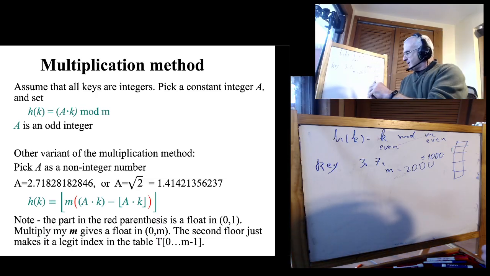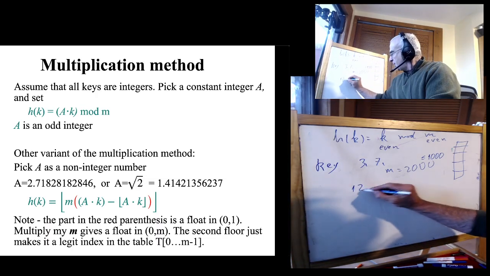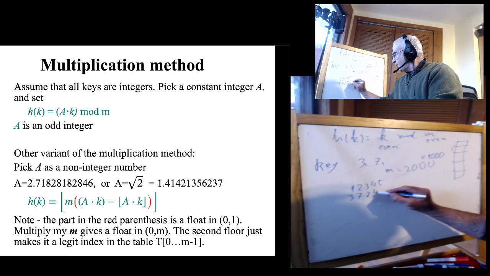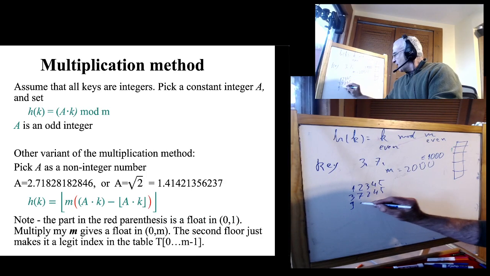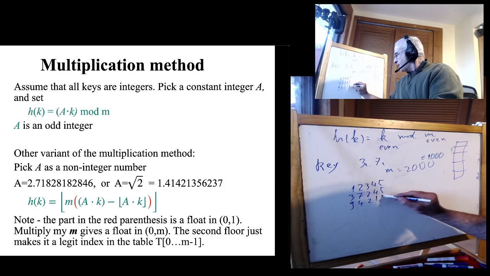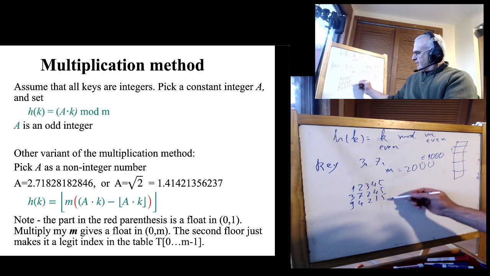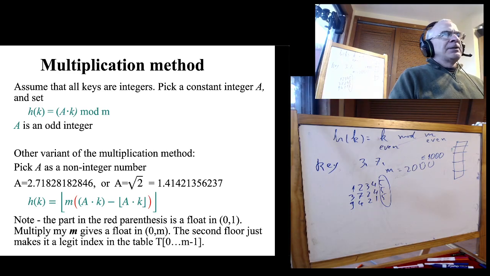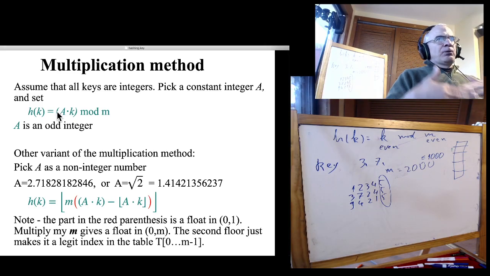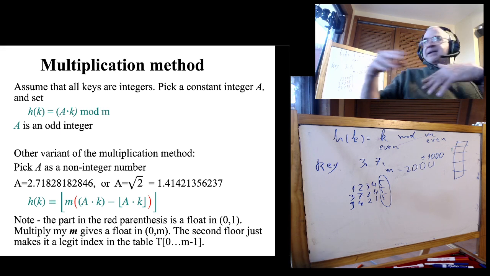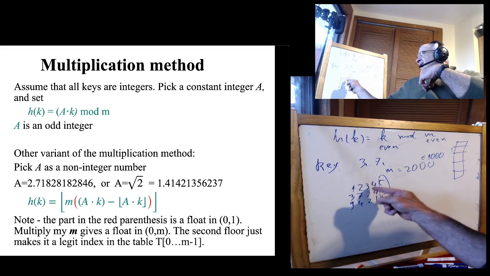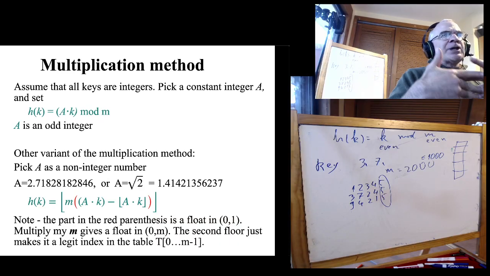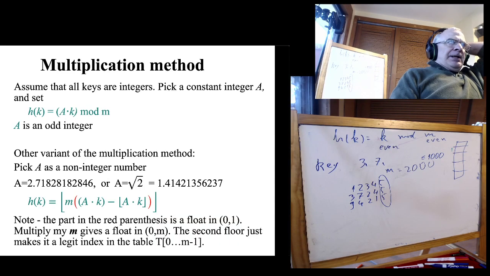When I look at the keys 1, 2, 3, 4, 5, 3, 7, 2, 4, 5, 9, 4, 2, 1, 5, all these keys are different from each other, but they all have the same last digit. That's why we wanted two keys that are different, no matter where they differ, whether in the first digit, the last digit, whatever, to at least have a chance to fall into different cells.